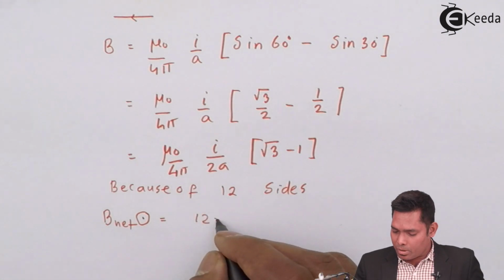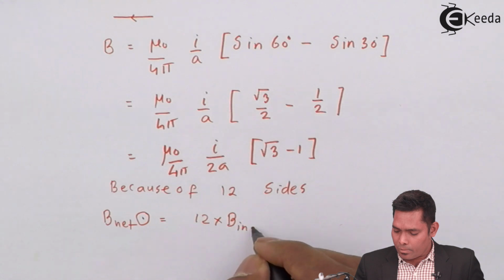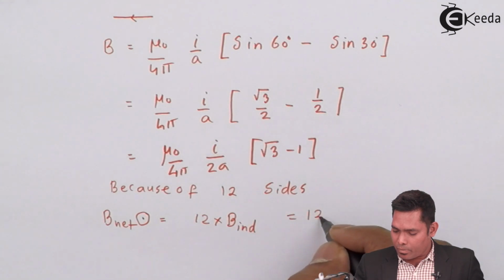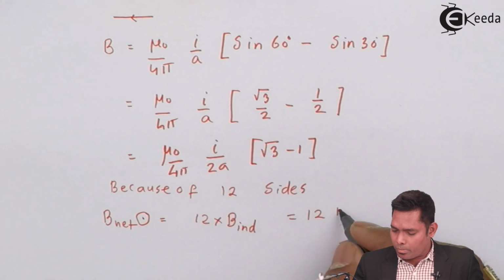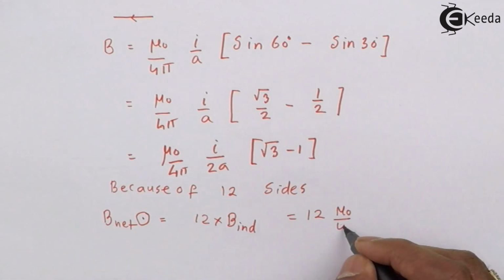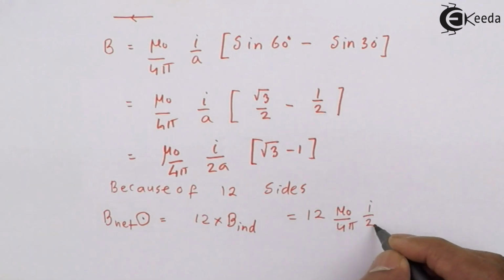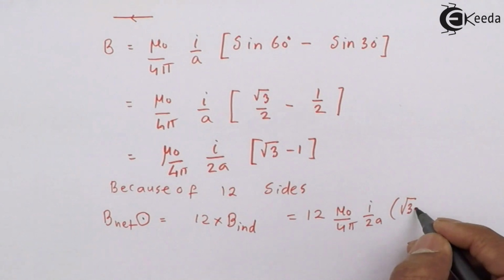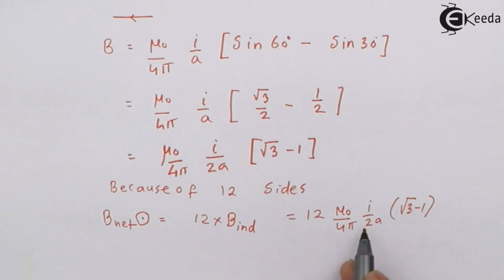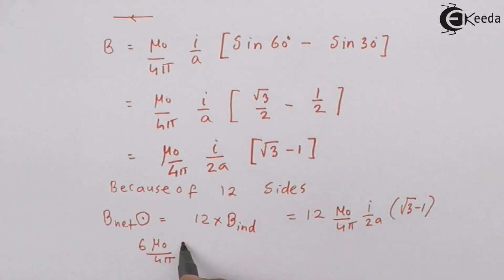B net will be 12 times B individual, which is 12 times this value, that is mu naught over 4 pi, I over 2A, root 3 minus 1. This 2 cancels, then becomes 6. So it becomes 6 mu naught over 4 pi, I over A, root 3 minus 1.